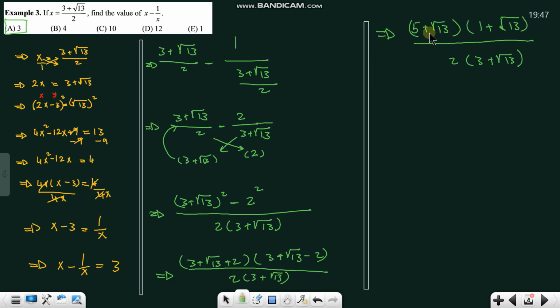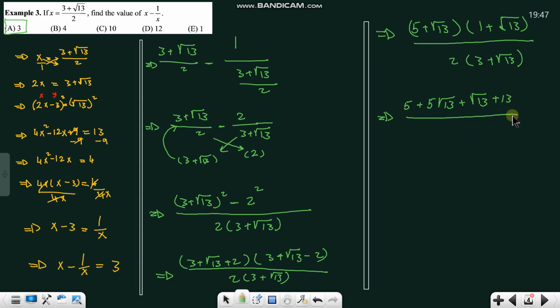Now, if I multiply this one, 5 multiplied by 1 is only 5. And 5 multiplied by this one is plus 5 square root 13. And square root 13 multiplied by 1 is 1 square root 13. And square root 13 multiplied by square root 13 is only 13.